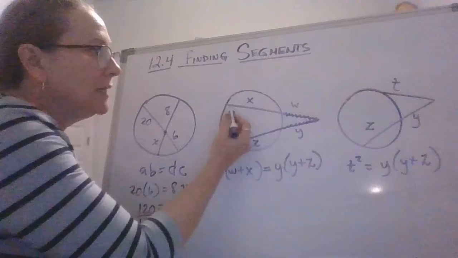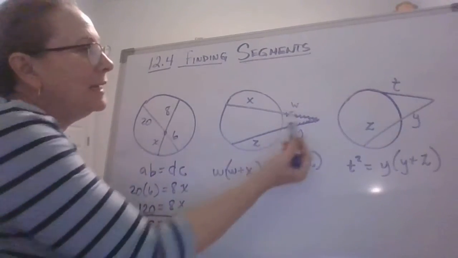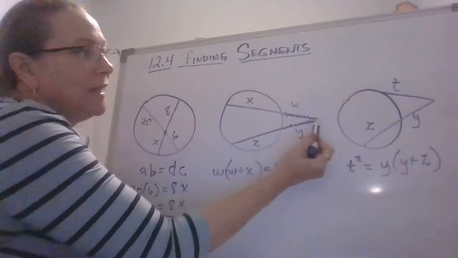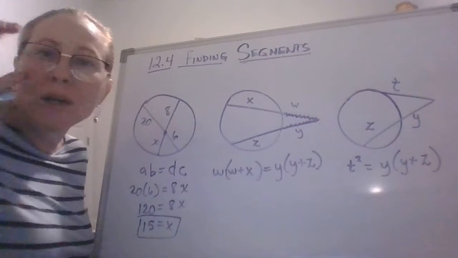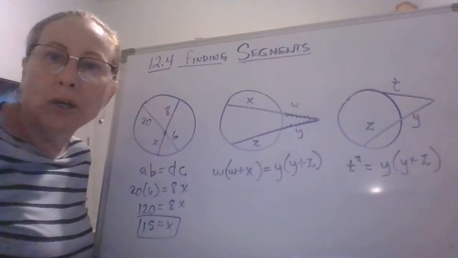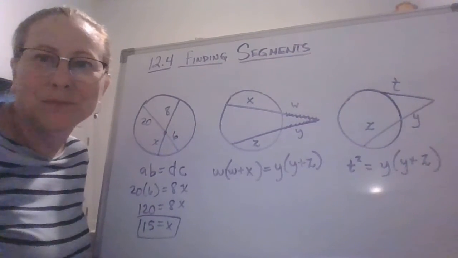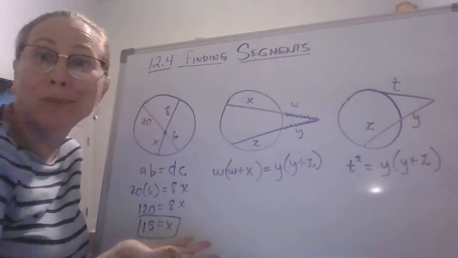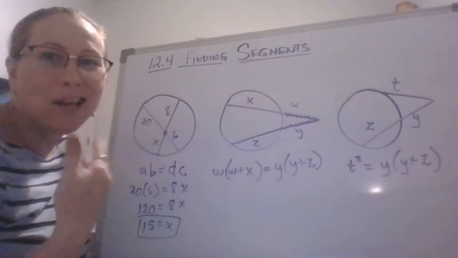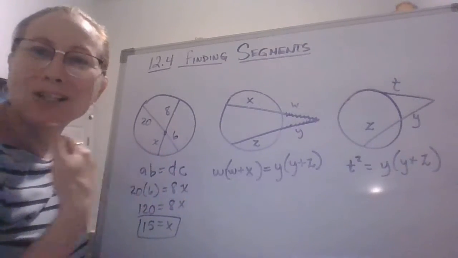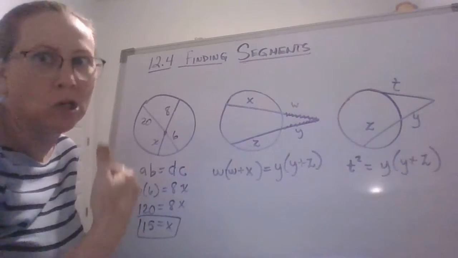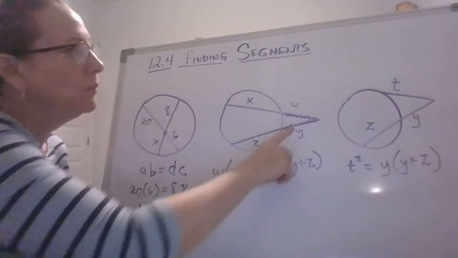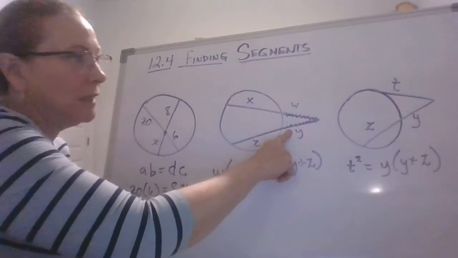The next problem has two secants, and I squiggled the exterior part because we call that an exterior secant segment. It's just the part of the secant that's outside, and we know exterior means outside. So it sounds kind of ominous, but it just means the outside part of the secant.